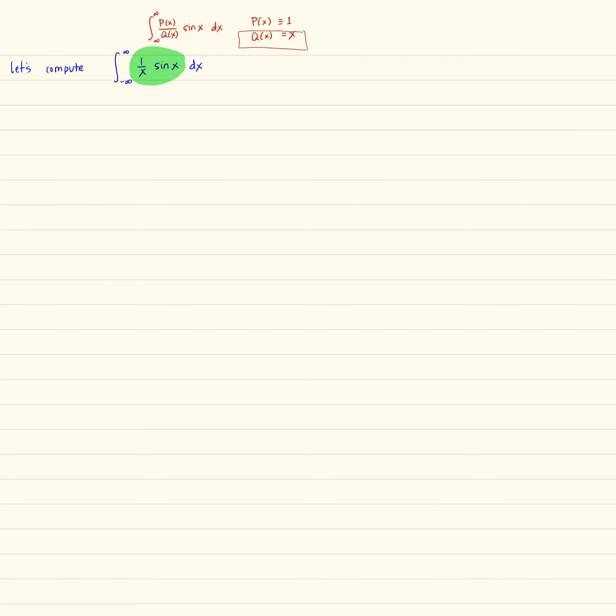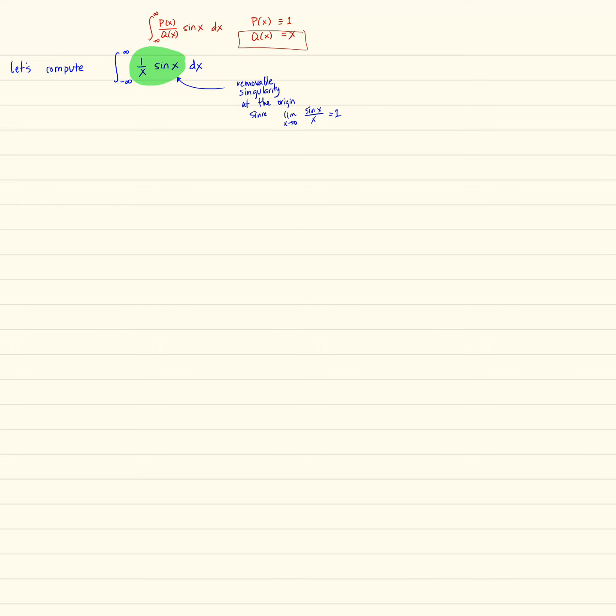So we have a removable singularity at the origin, since the limit as x goes to 0 of sine x over x is equal to 1, right? But we do have to take this into account when we're doing our contour.